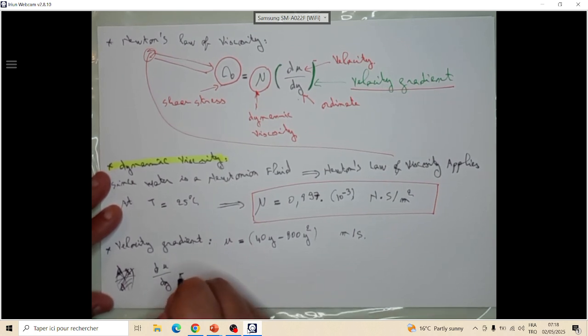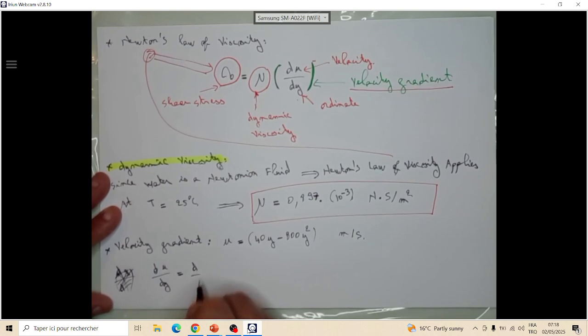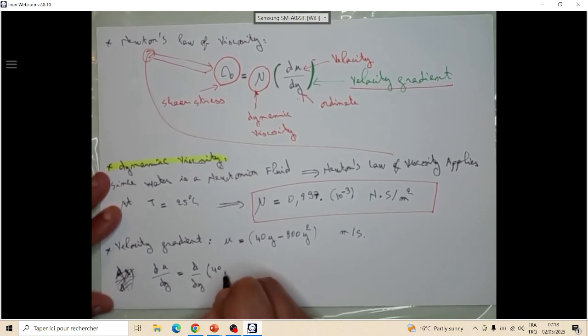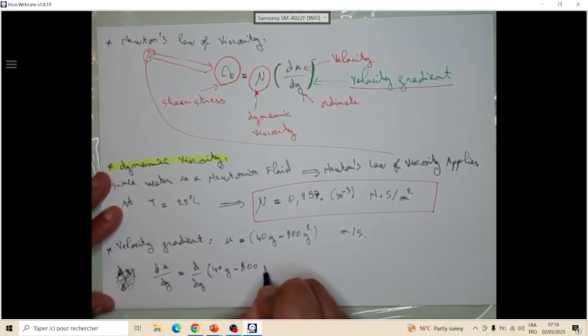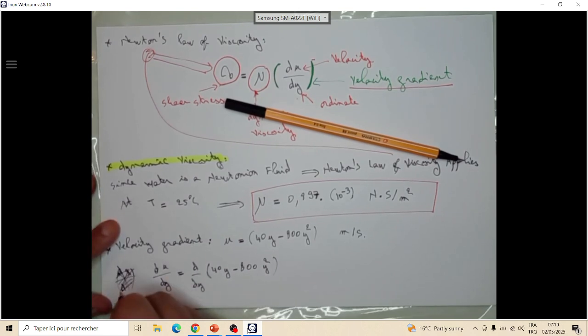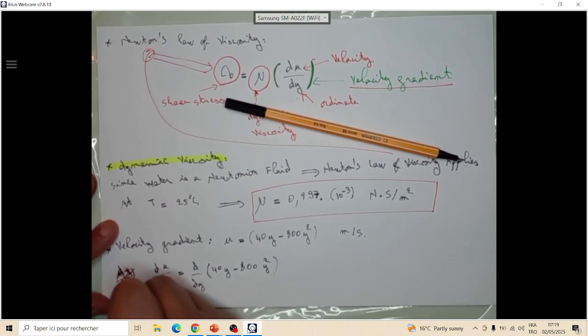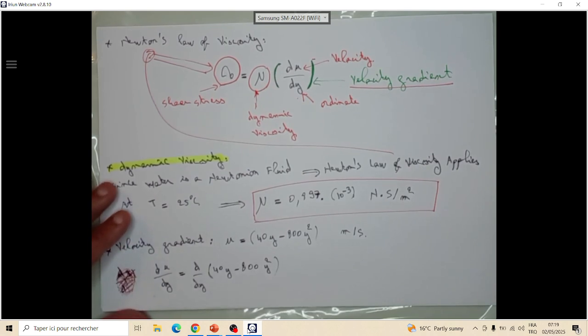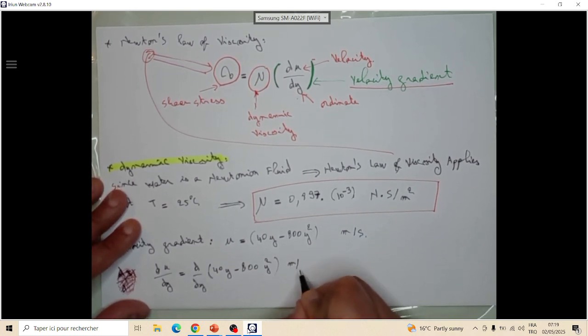This is the derivative with respect to y of this term, which is equal to 40y minus 800y squared, and the unit here is meter per second.